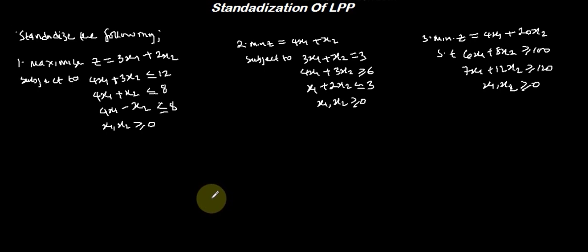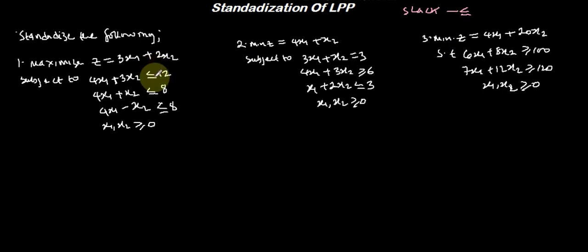terms. The first term is slack variables. Slack, as in S-L-A-C-K. When I talk about a slack variable, we are referring to a variable that is added to the left hand side of the constraint whenever the inequality is of less than or equal to.